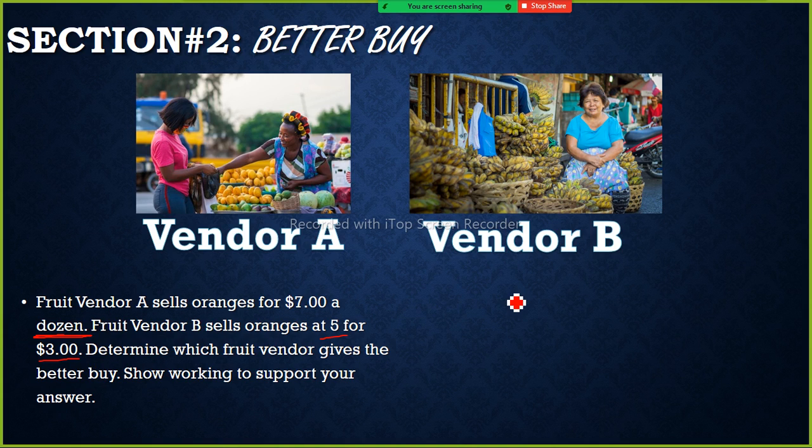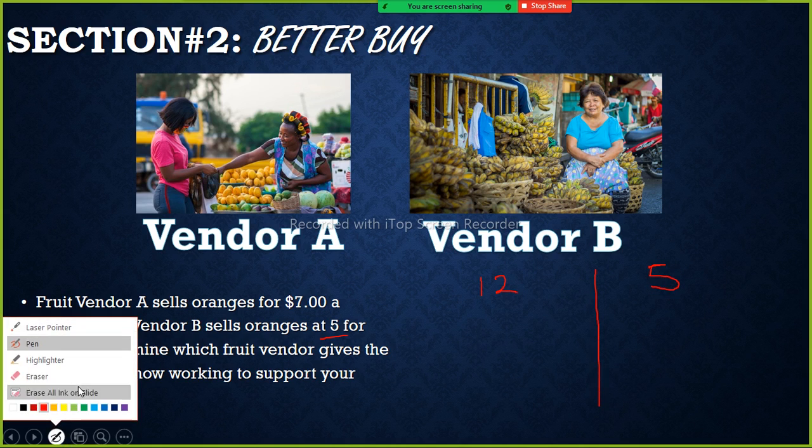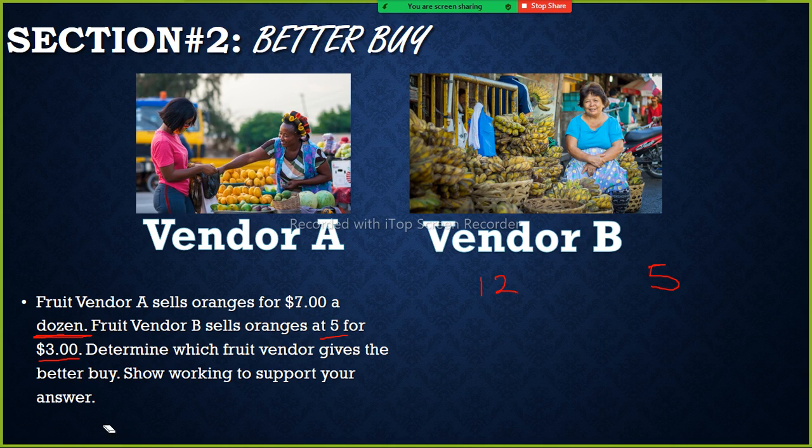So we know that for vendor A, we're counting in 12s, and for vendor B, we're counting in 5s, right? So basically, we're trying to find the LCM, the lowest common multiple, of 12 and 5.